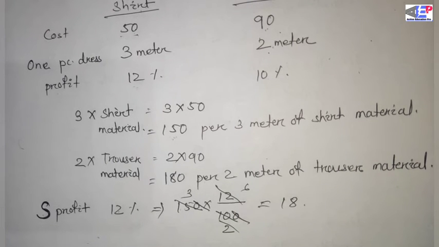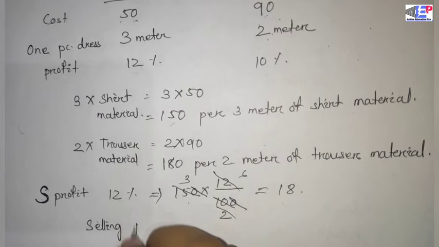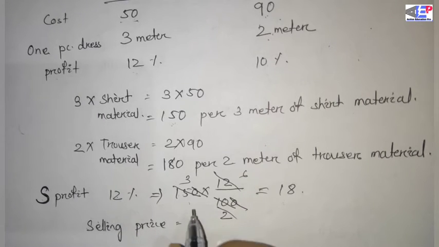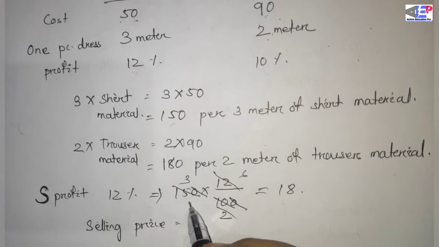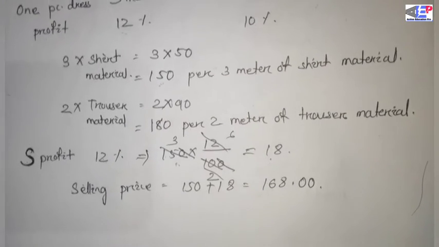And then Hassan sells it with 12% profit on shirt material. So 12% of 150 rupees is 18 rupees. Then the total selling price is cost price plus profit. He buys at 150 rupees and the profit is 18 rupees, so the selling price will be 150 plus 18, which is 168 rupees.